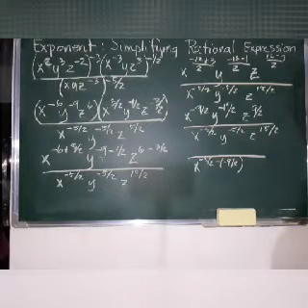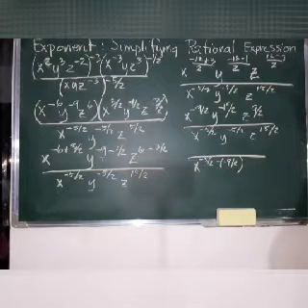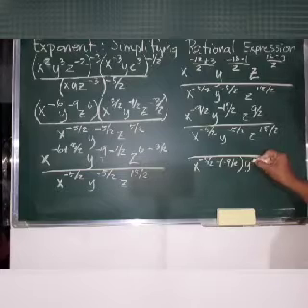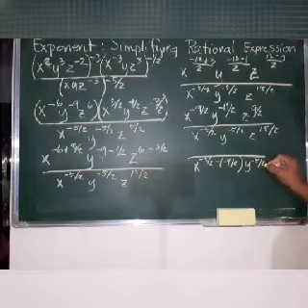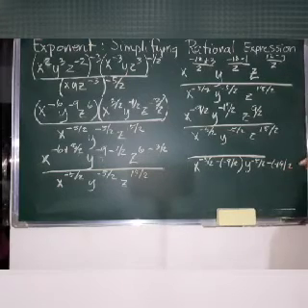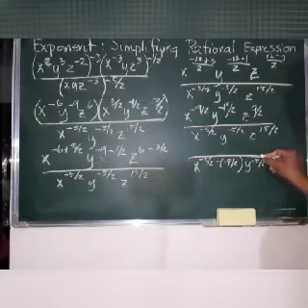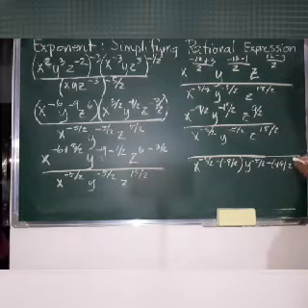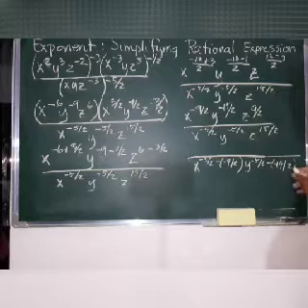Anong mas malaki? 19 or 5? Mas malaki ang 19, kaya sa baba rin siya. So, y, negative 5 halves minus negative 19 halves. Next ay z.